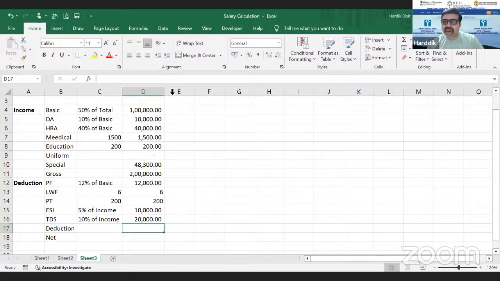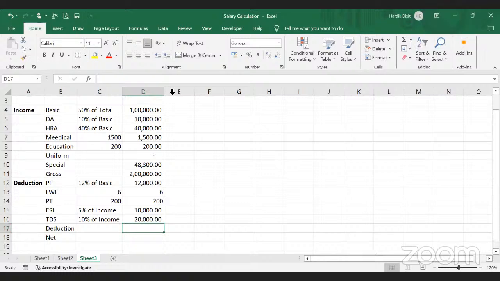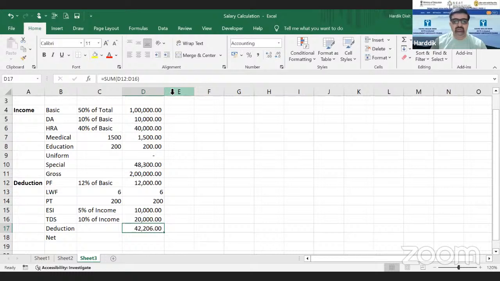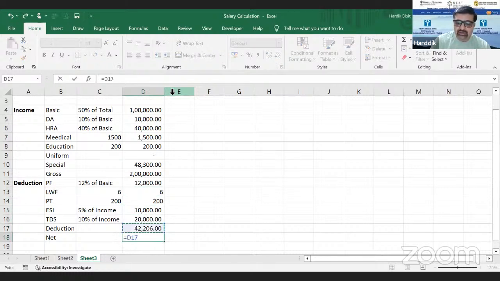All right. So now my net deduction is 42,000. My gross is 2 lakhs. So my net becomes 2 lakhs minus 42,260.